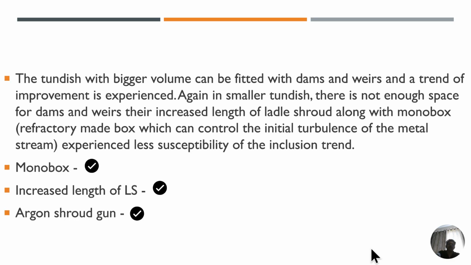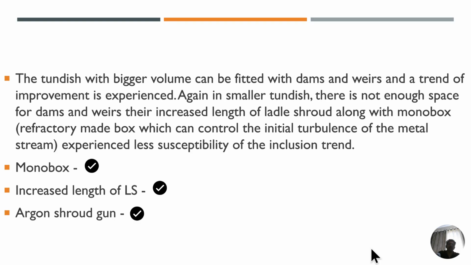The tundish with bigger volume can be fitted with dams and weirs, and a trend of improvement is experienced. Again, in a smaller tundish, there is not enough space for dams and weirs. There, an increased length of ladle shroud along with a monobox, a refractory made box which can control the initial turbulence of the metal stream, shows less susceptibility to inclusion trains.